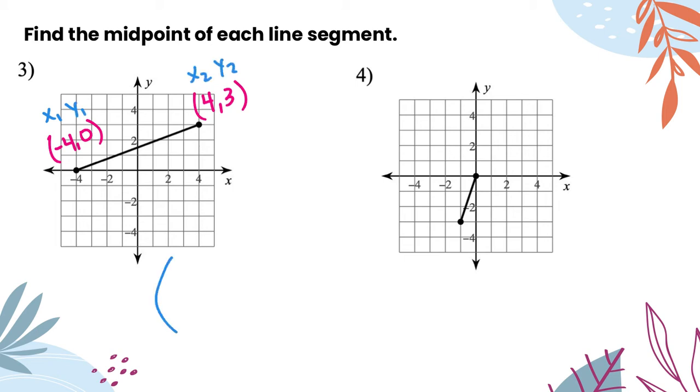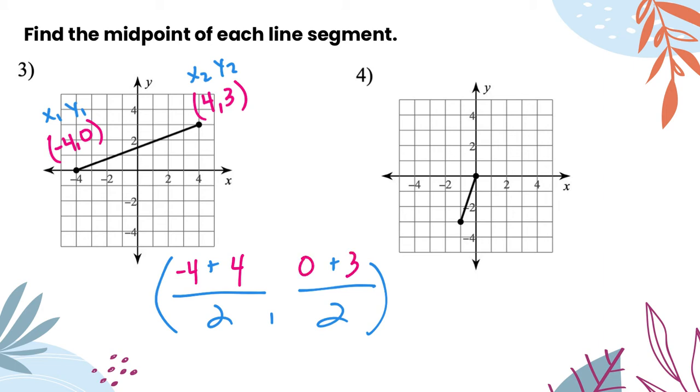And I follow the exact same formula and the exact same steps as I did when I was just given the two coordinates. So that's going to be negative 4 plus 4 and 0 plus 3. That's going to be 0 over 2 and 3 over 2, which I can write as 0, comma 1.5.